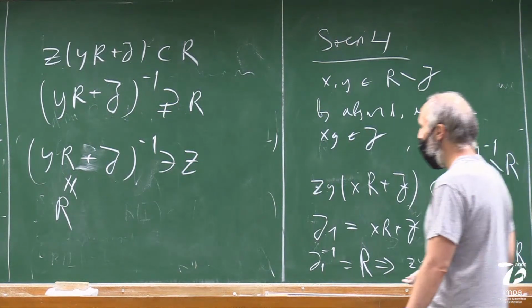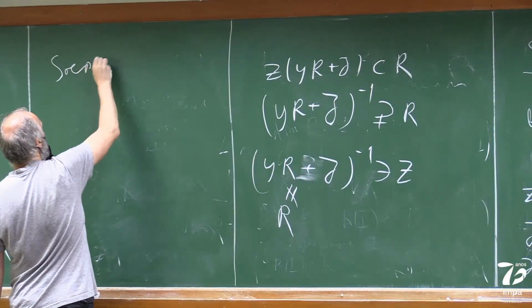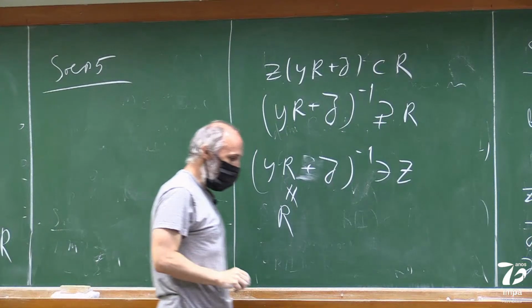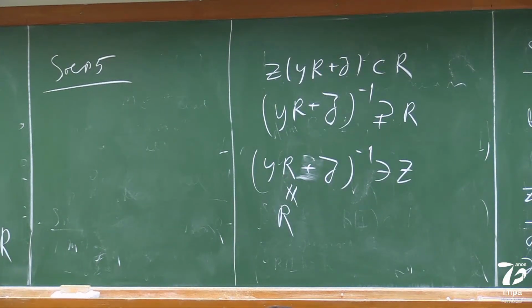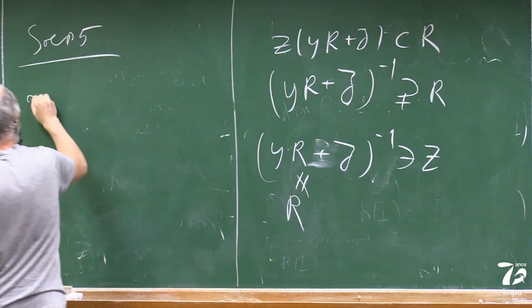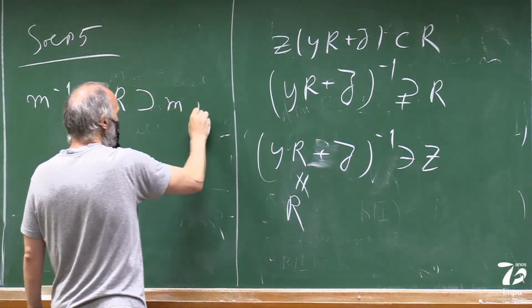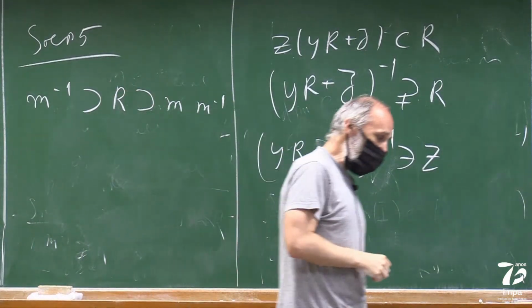Okay. Now we have step 5. We're interested in finding what m inverse is. And we have this claim 1 here, which tells us that m inverse contains R, and it contains m inverse. This is, again, multiplication of fractional ideals.